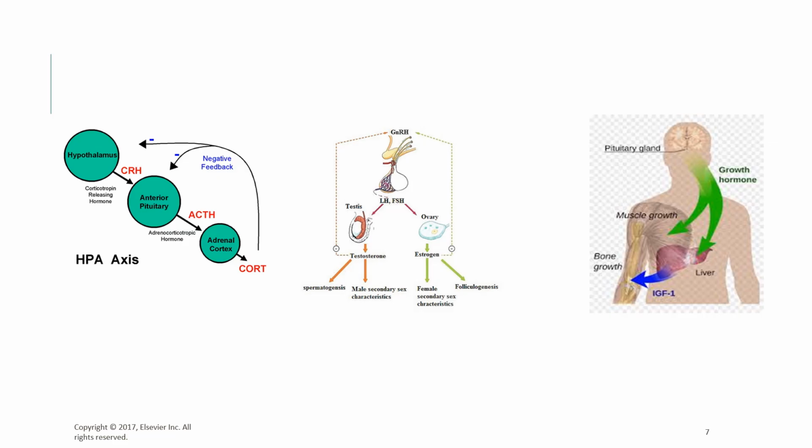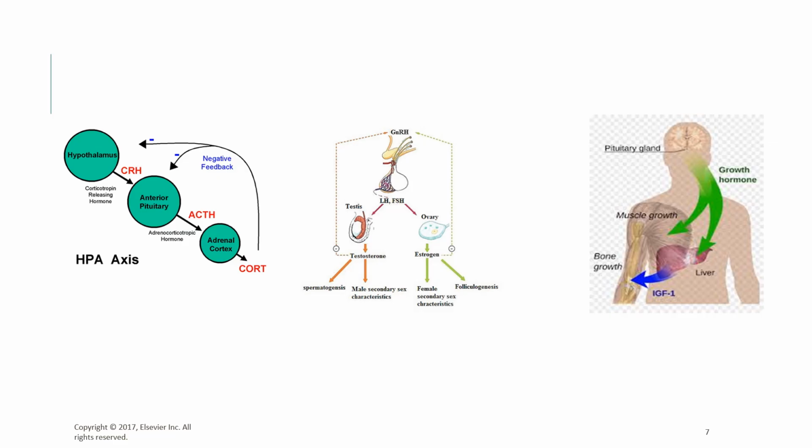So luteinizing hormone, or LH, is going to stimulate secretion of the sex steroids from the target tissues, which are the gonads. In individuals with testes, luteinizing hormone will bind to receptors on the Leydig cells, which stimulate the synthesis and secretion of testosterone.